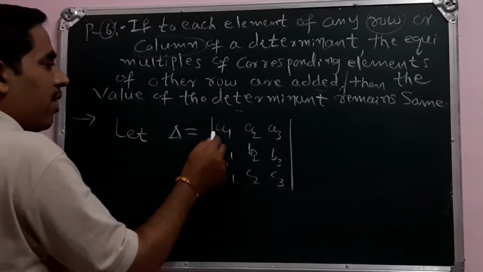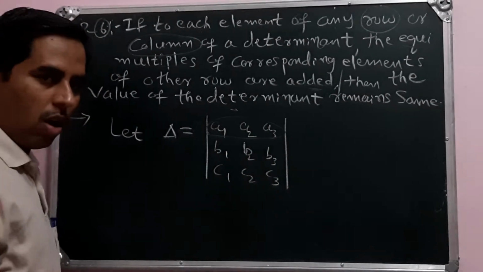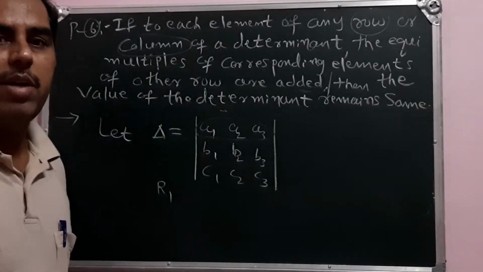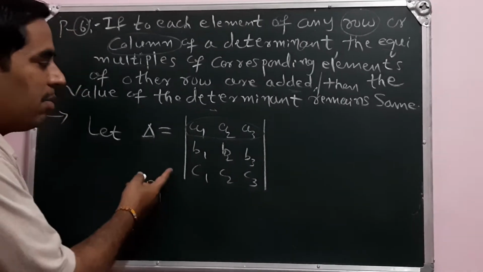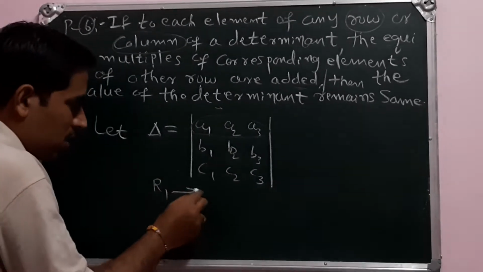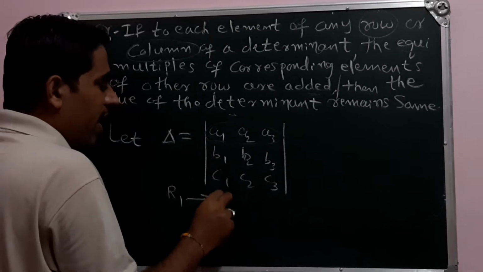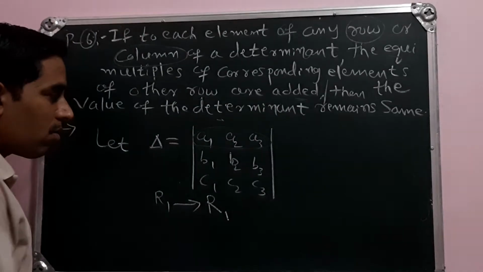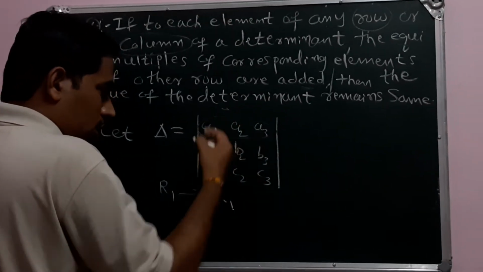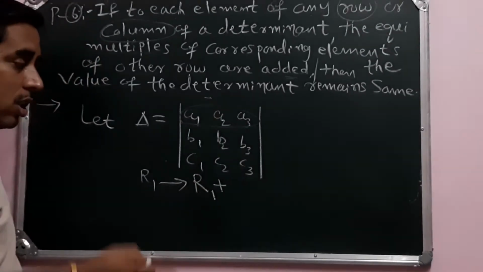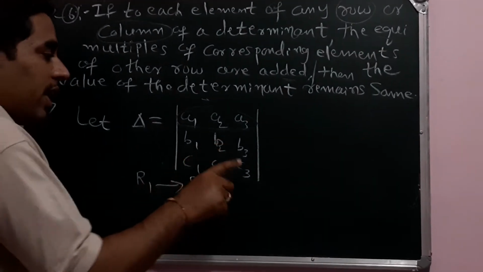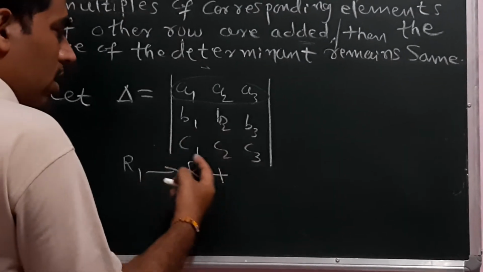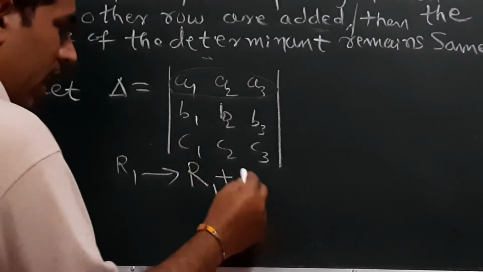That means, if I operate on the first row, you can select any row or column. So if I take the first row, as we did in elementary transformations on matrices, the same thing can be done to the determinant here. R1 changes to, if I add the elements of the first row to the corresponding elements of, say, the third row, before adding to the corresponding elements of the third row, I will multiply all the elements of the third row by some scalar, say k.